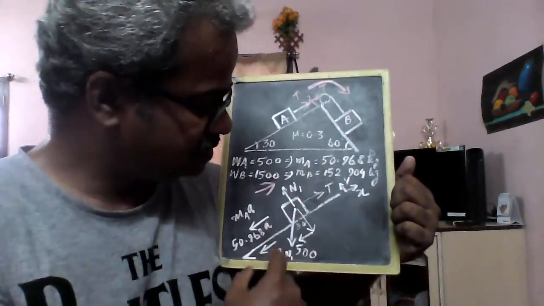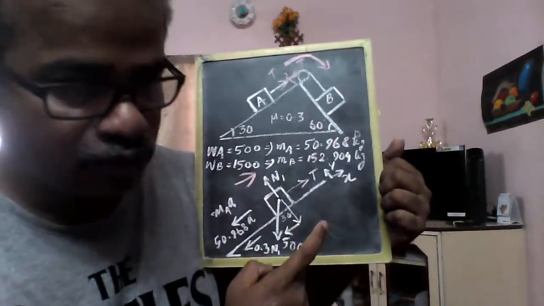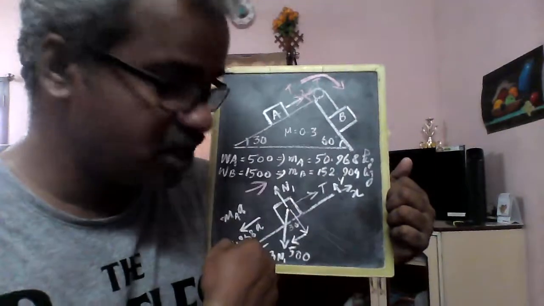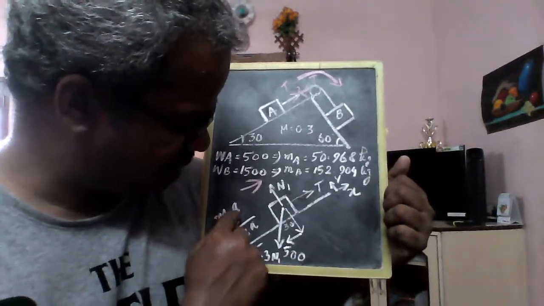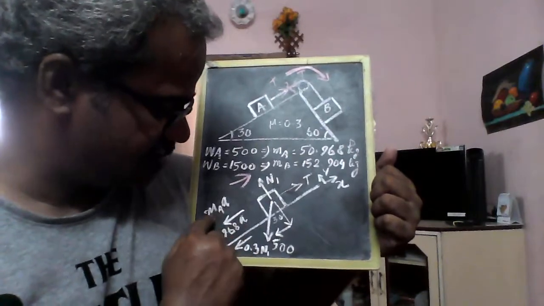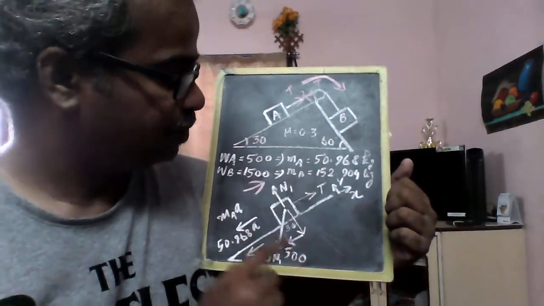And since the body is moving, I have to keep it in dynamic equilibrium. For that, I substitute an inertial force, mass into a, that is 50.968 into a.